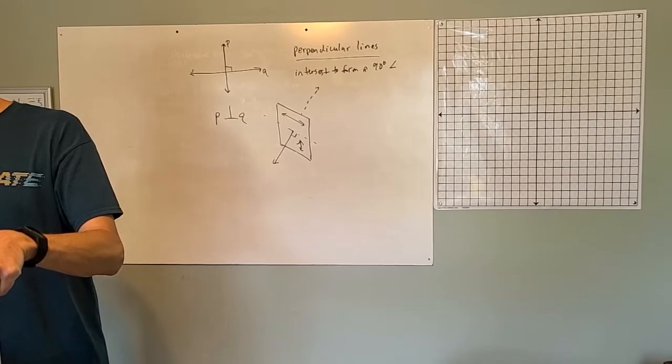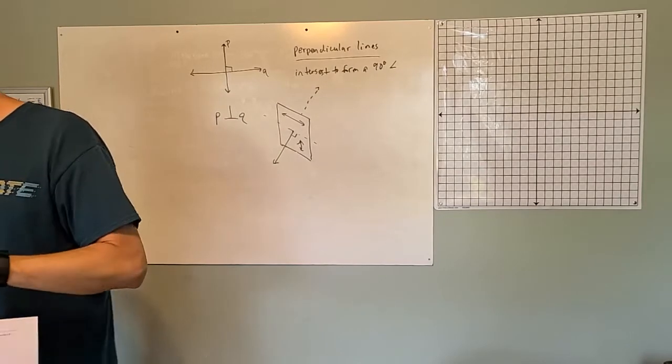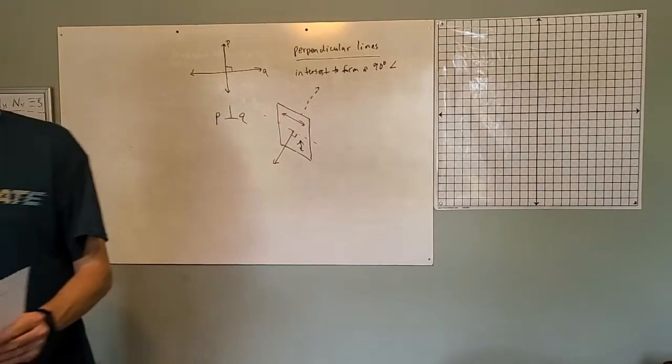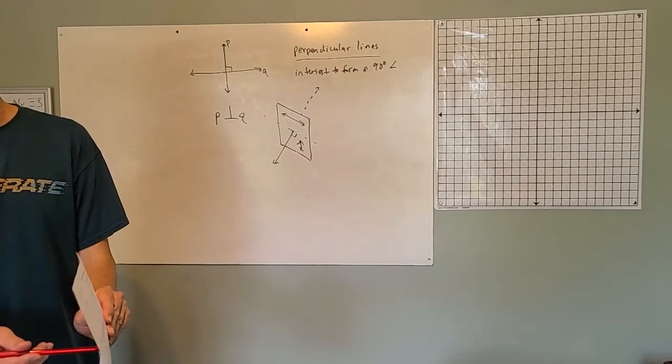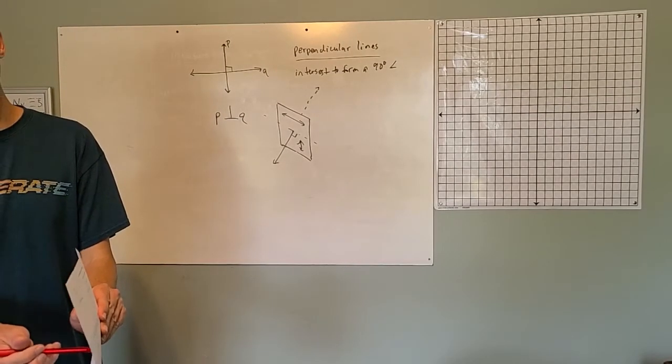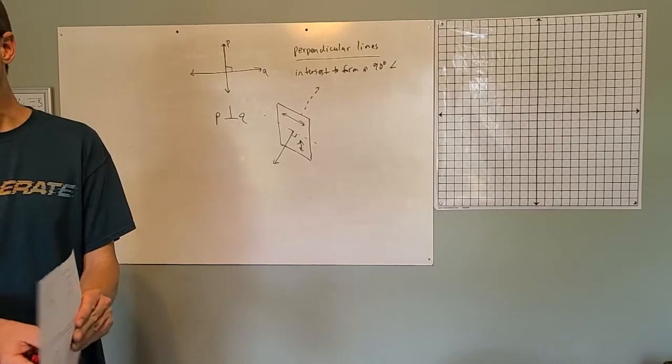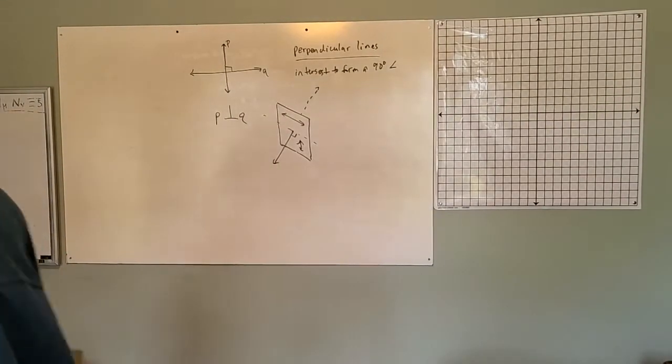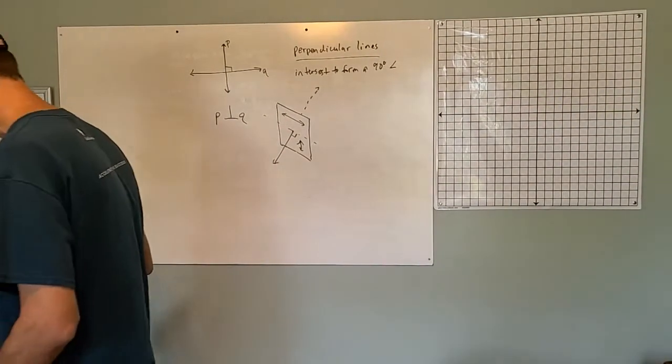Yes, because it would always be a 90-degree angle. Even if this was my line, coming in like that, the measure from here to this line is still going to be a 90-degree angle. So if it's perpendicular to the plane, it'll be perpendicular to every line in that plane. Okay.